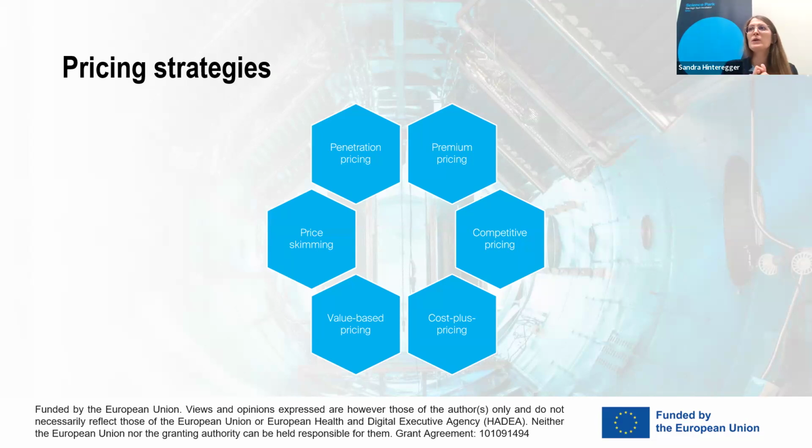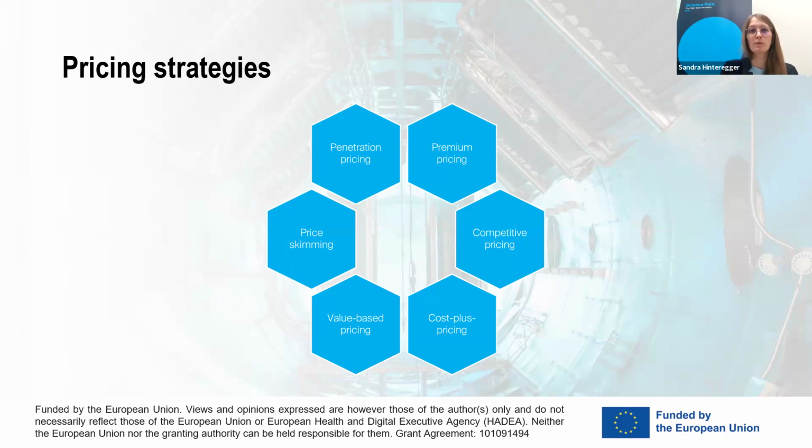Okay, so when we have thought about the costs for our business and the price for our product or service, we can already start doing some analysis, thinking about the profitability of our products or the company as a whole.